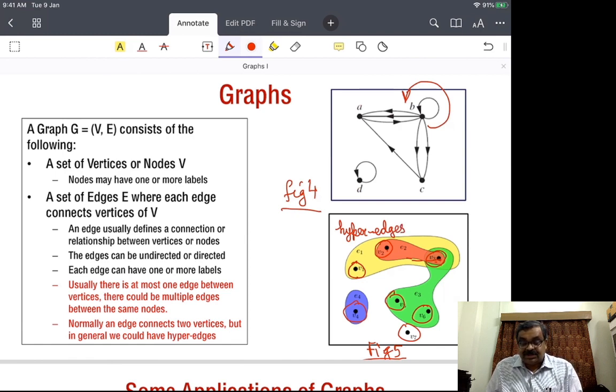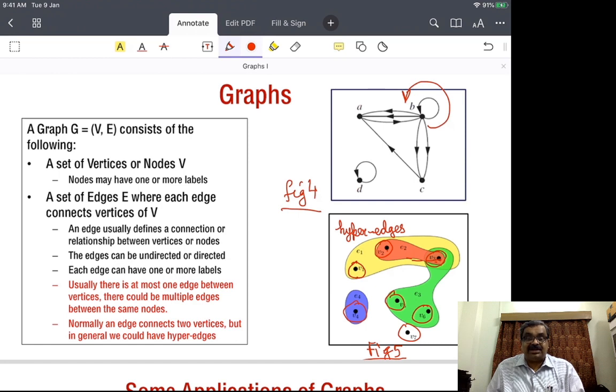So an edge could be, in general, a binary relation, or an edge could be a relation between multiple vertices. Typically, in most problems that we encounter in practice, we model them as binary edges, but there are a large number of problems where we will model graphs in terms of hyperedges.